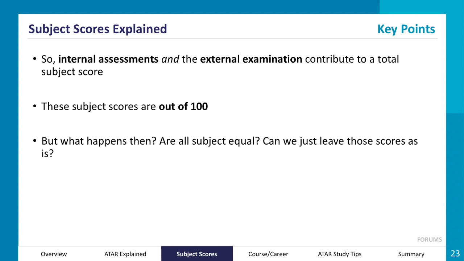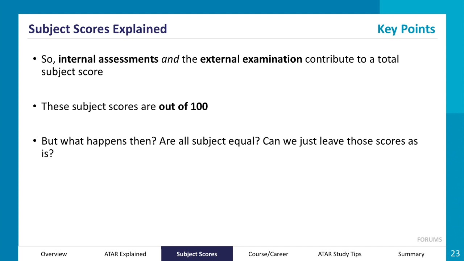We also know that the subject scores for each subject are out of 100. But what happens then? Once we've looked at the internal assessment marks and the external assessment marks, can we just leave it as whatever that score is out of 100? Again, this would be an easy way of doing things, but it's not the way that we treat QCE subjects.